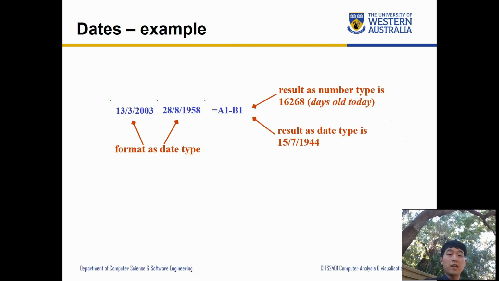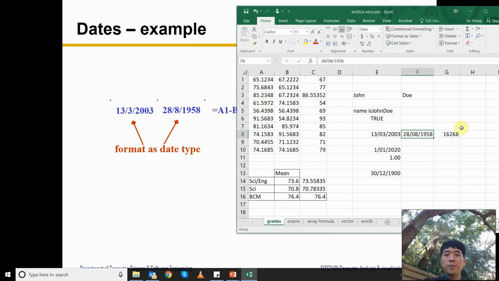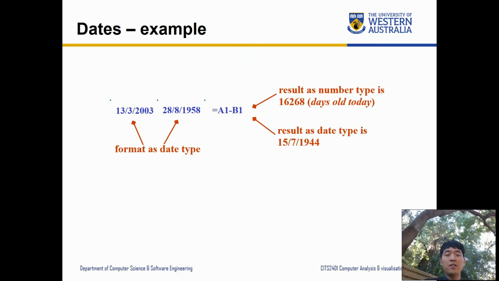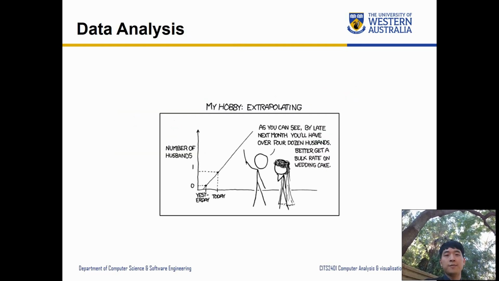If I convert this back to a date type, it will show me some date format, although it doesn't really mean much. It's just going to represent whatever the value inside here, and then take that many days after its beginning date. Okay.